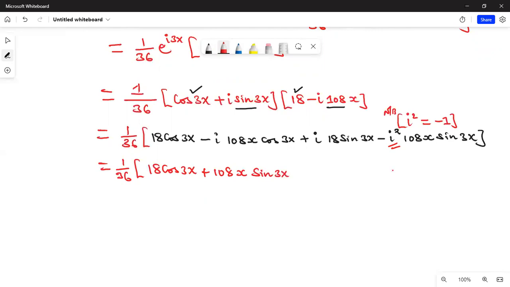So that's the real part. Then plus the other part is 1 over 36, the part containing I. Let me start with 18 sine 3x.